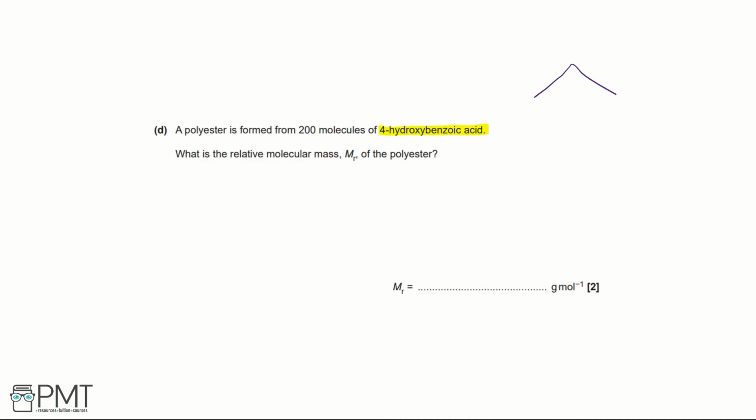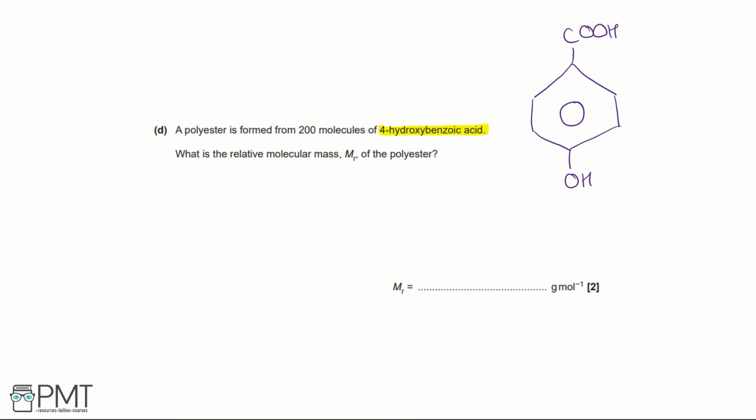So, drawing out 4-hydroxybenzoic acid, we would start with a benzene ring with an OH group attached to carbon number 4 and our carboxylic acid group attached to carbon number 1. Firstly, working out the relative molecular mass of 4-hydroxybenzoic acid, we need to count the number of carbons.